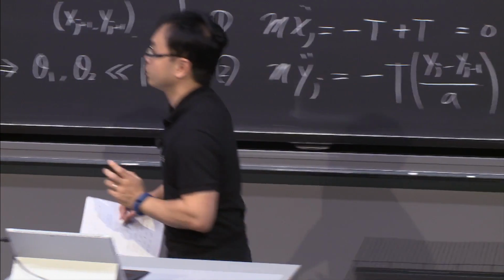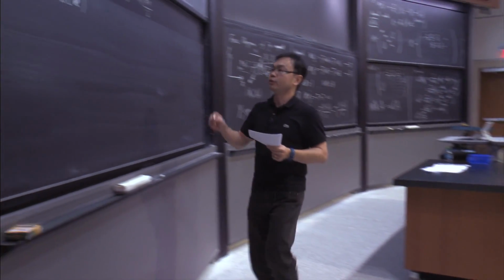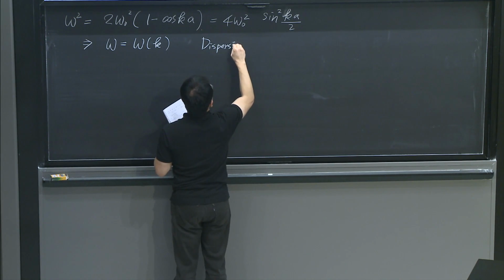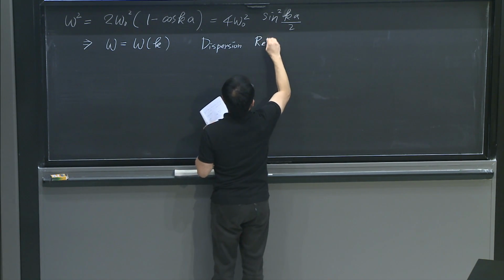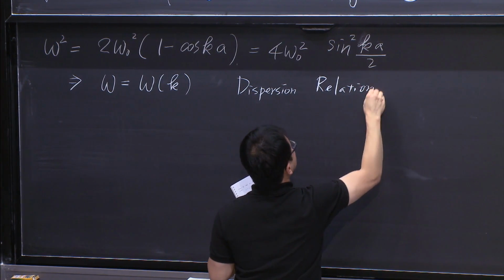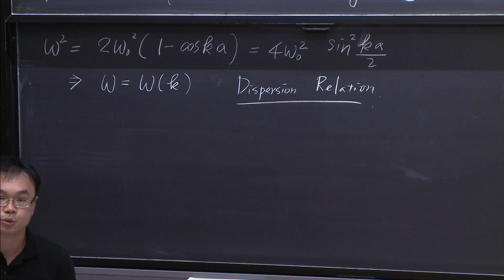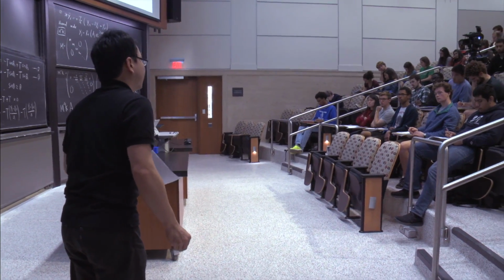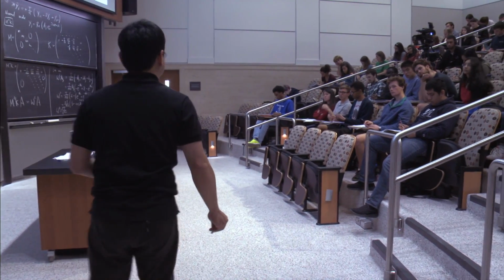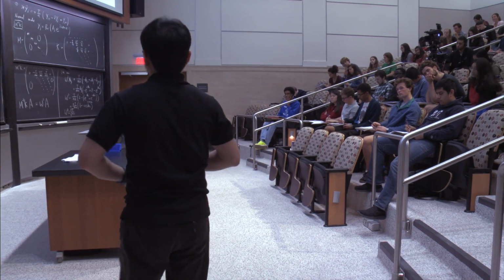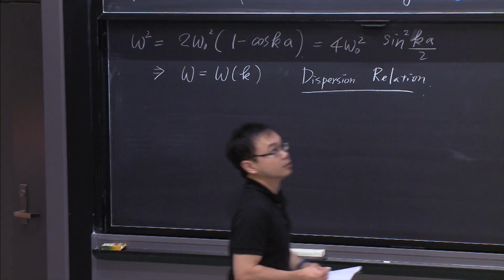Now we call it the dispersion relation. This term may not mean much to you now, but later in the discussion, you will find out it really makes sense, and we will talk about dispersion in the later lectures.